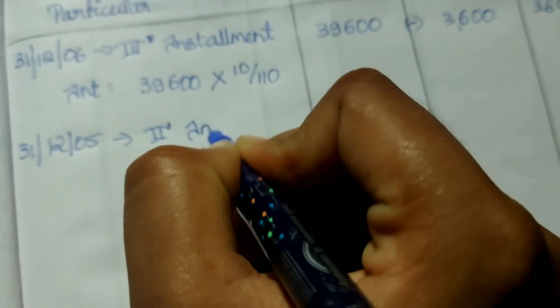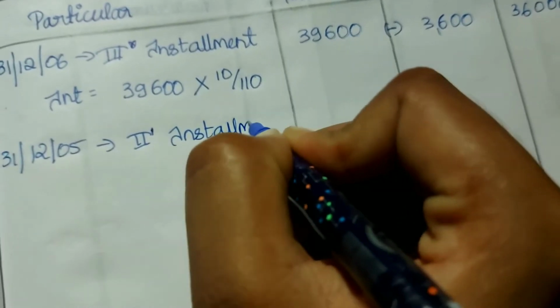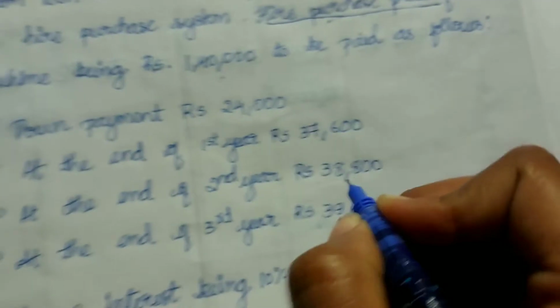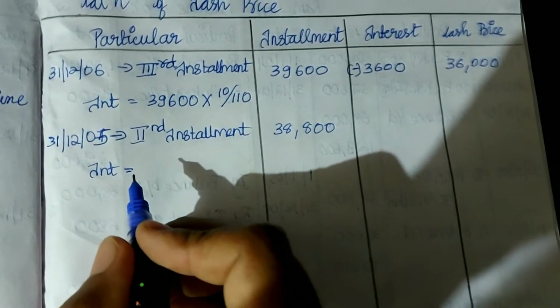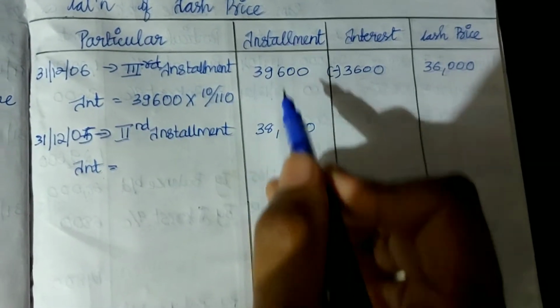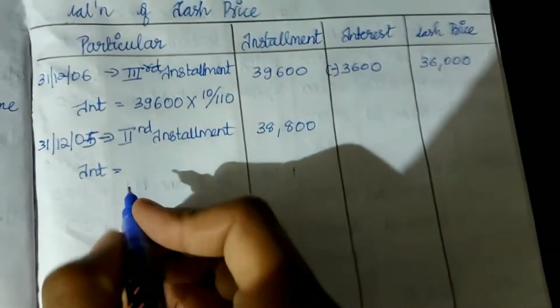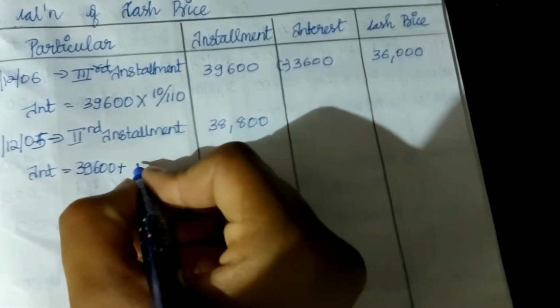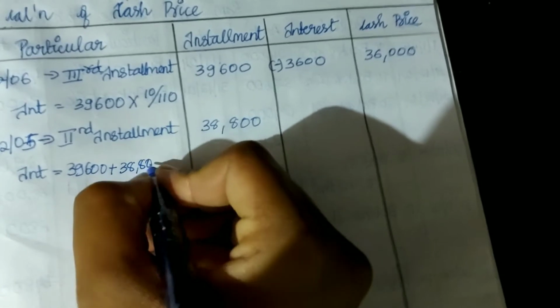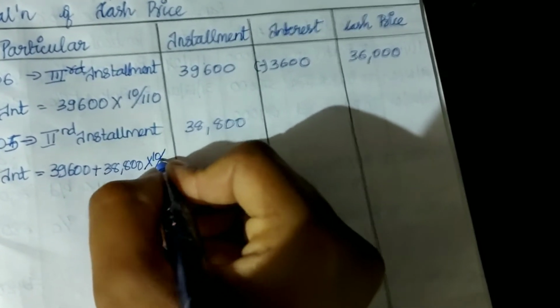Now let's go for the second installment. For the second installment you're paying 38,800. When calculating interest, make sure you add the third installment amount and the second installment amount: 39,600 plus 38,800, into 10 divided by 110.